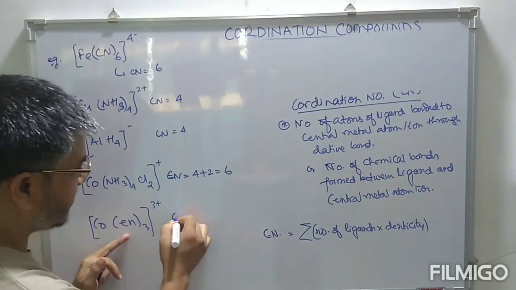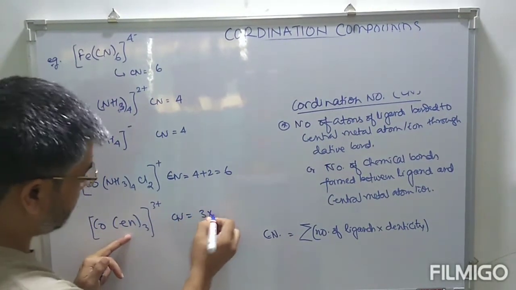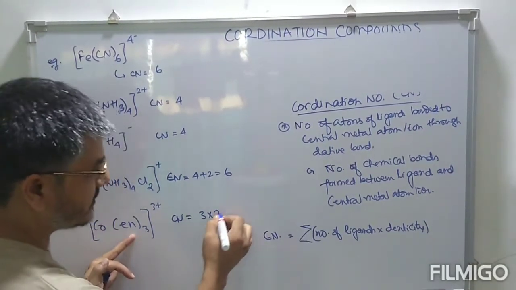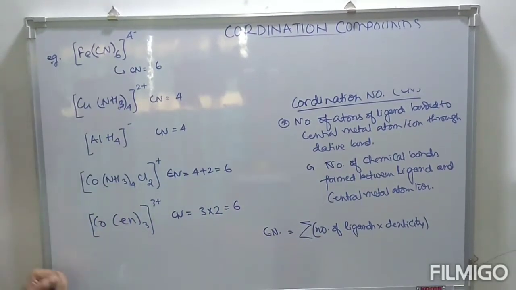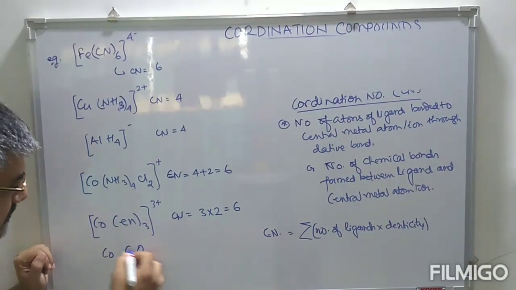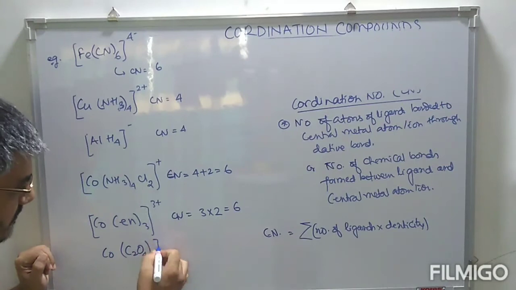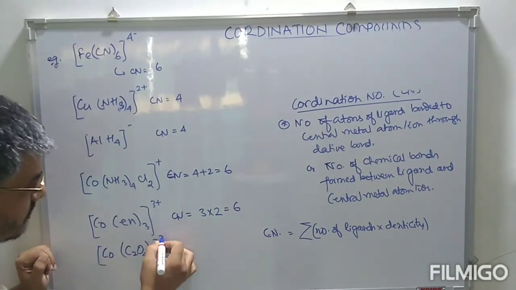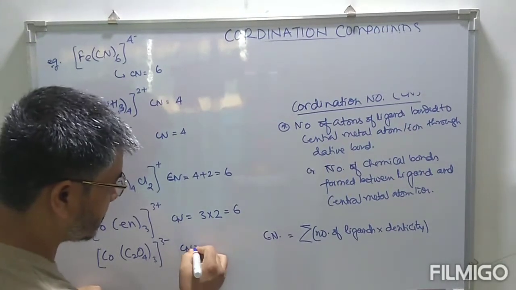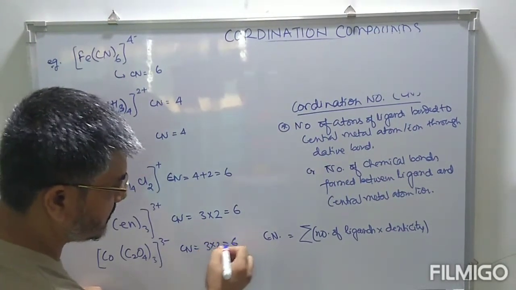So the number of ligands is 3, and each ligand has 2 denticity, so that we have 6. Oxalate ion: number of ligands is 3, denticity is 2, so the coordination number is 3 into 2, 6.